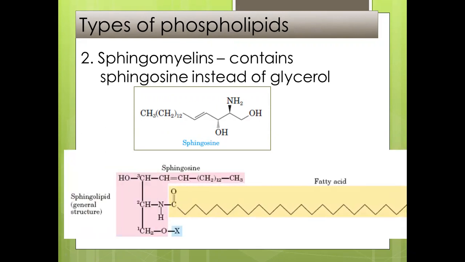And what you can see in the structure, you have here the sphingosine. On the second carbon, you have the NH2. On the first one, you have the OH, where it can be substituted with another group. This is the hydrogen that's being substituted, and the NH, where the hydrogen is being replaced with another group.